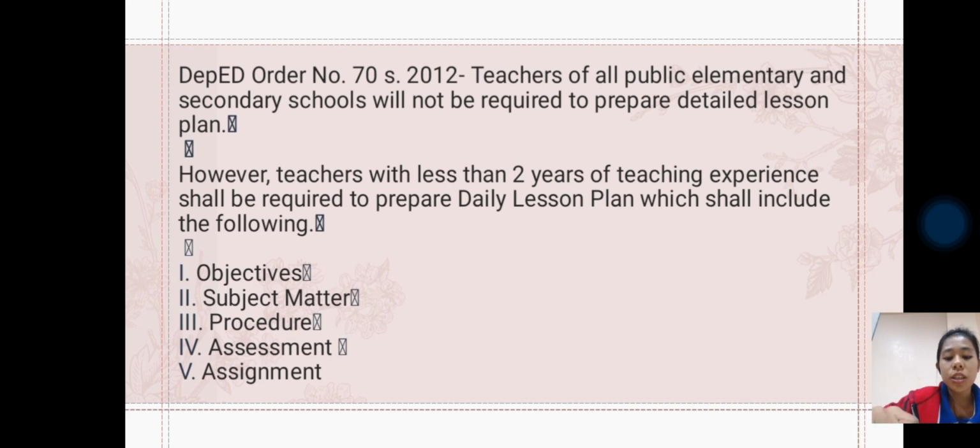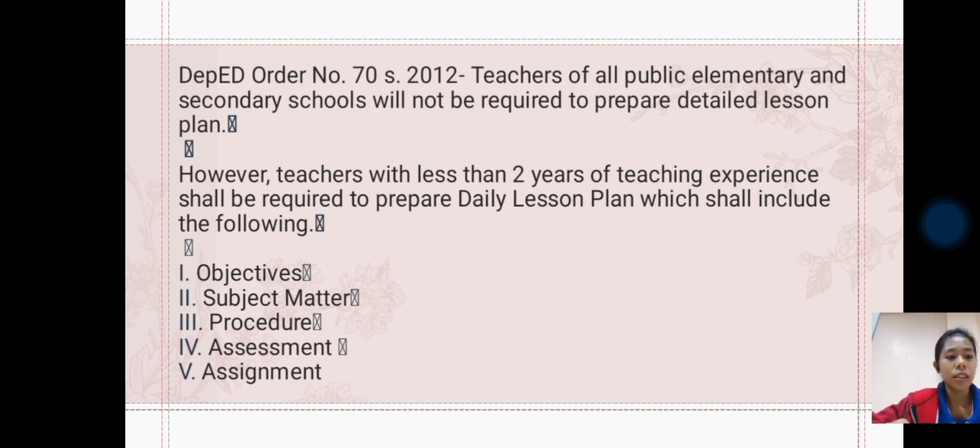The procedure is how you'll teach it step by step. Assessment, how you'll check if students learned, or you will measure what they learned. Assignment, practice task to help students remember the lesson.